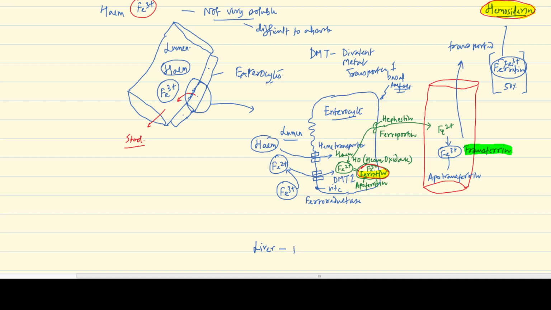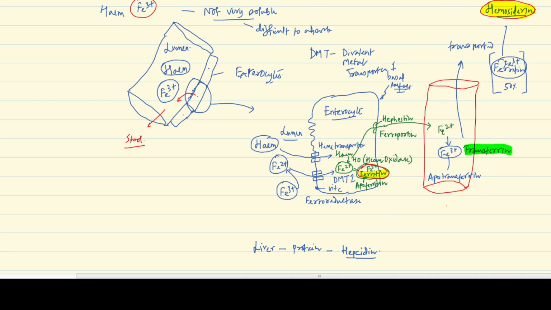The name of that protein is hepcidin. The liver produces many proteins, so one of the proteins that we are concerned with respect to iron absorption is hepcidin. So this hepcidin has this interesting property.